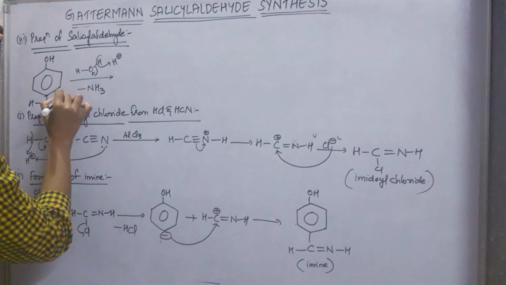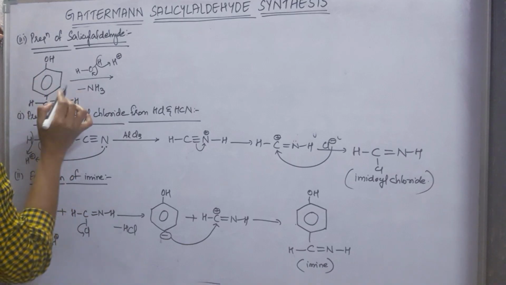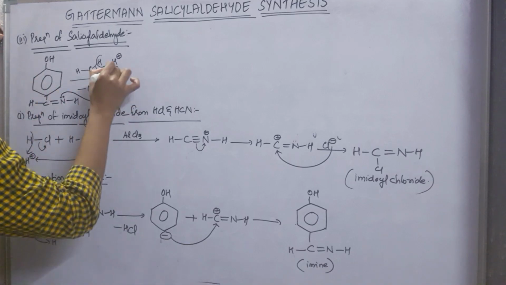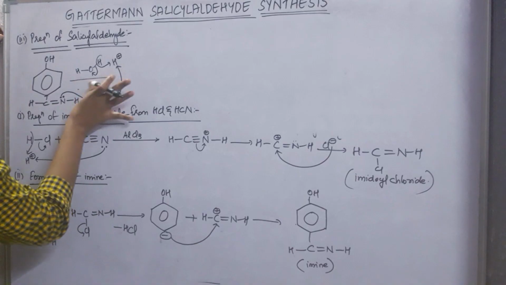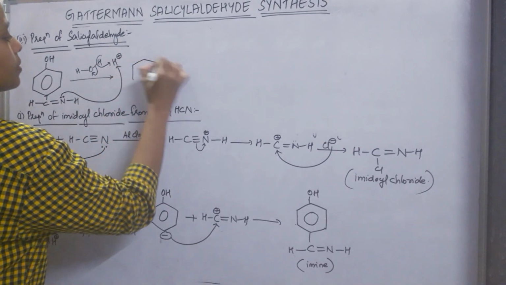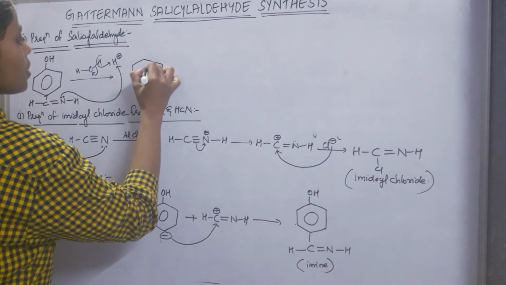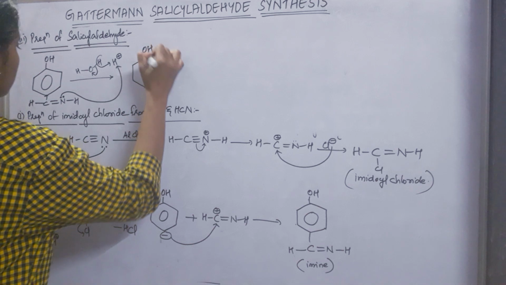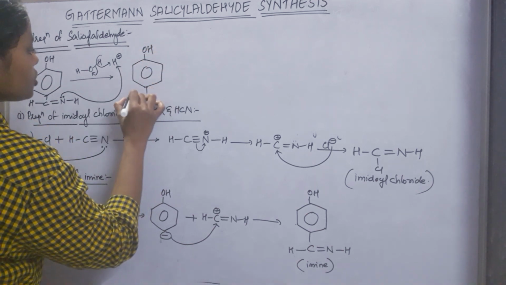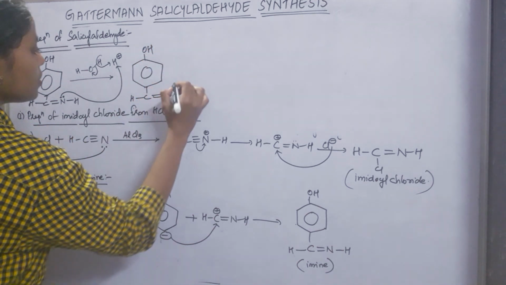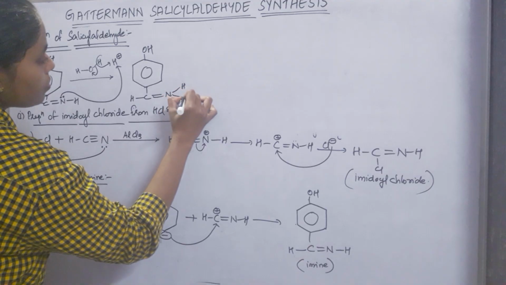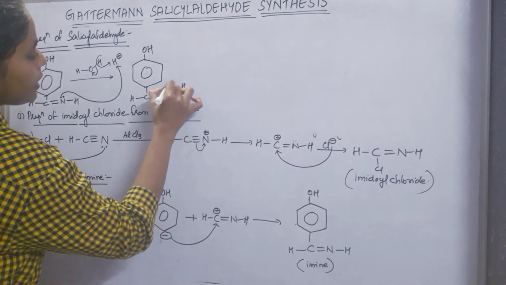Now this H plus is attacked by the lone pair of electrons present on nitrogen, giving us this structure. Here OH, again CH double bond N, H2 over here, and this nitrogen will attain a positive charge.